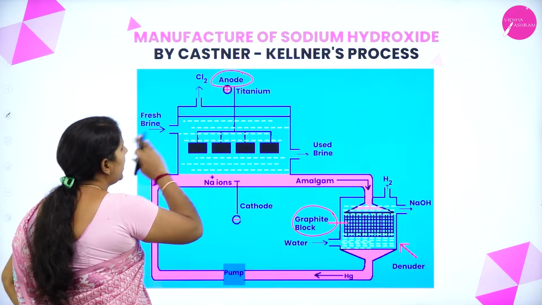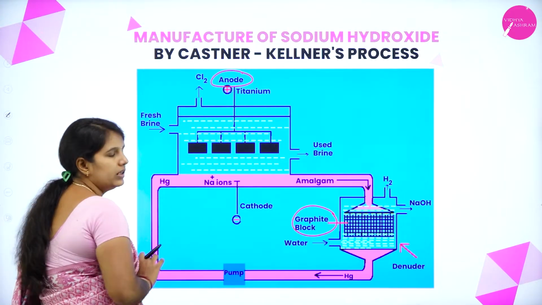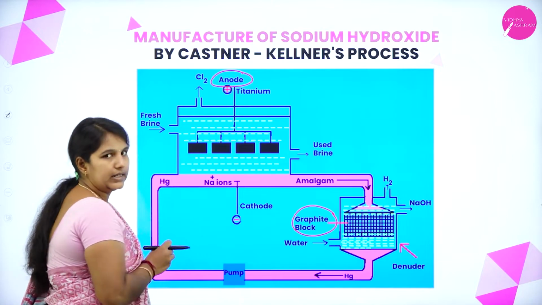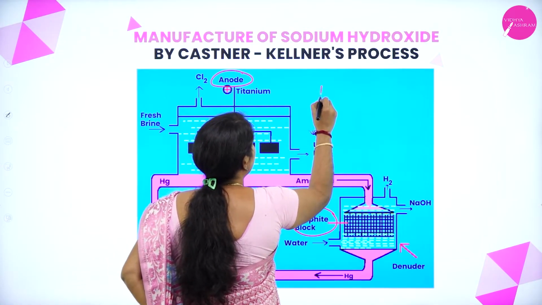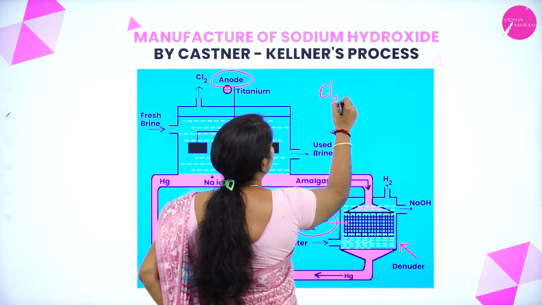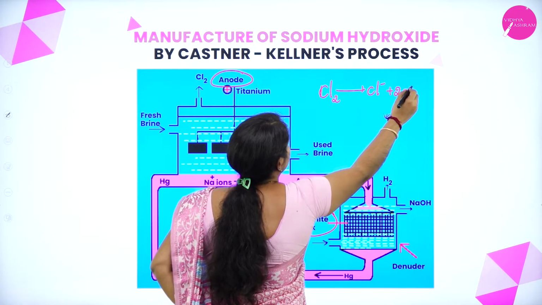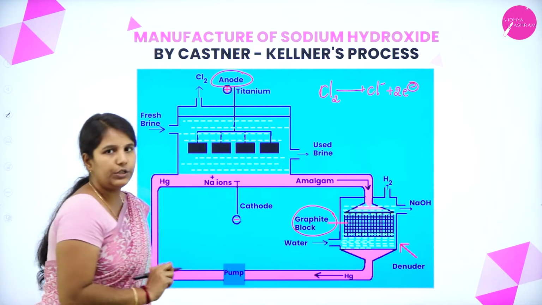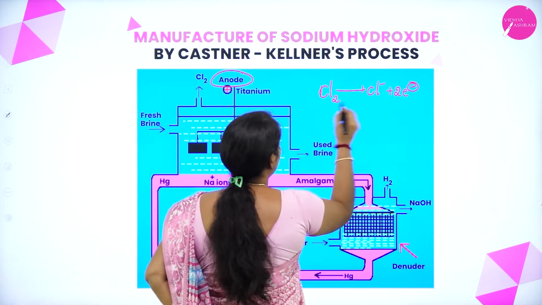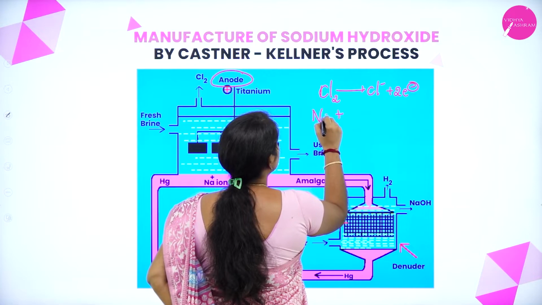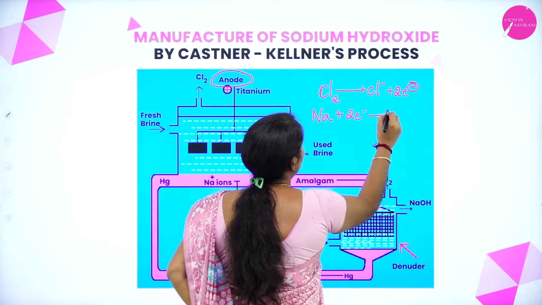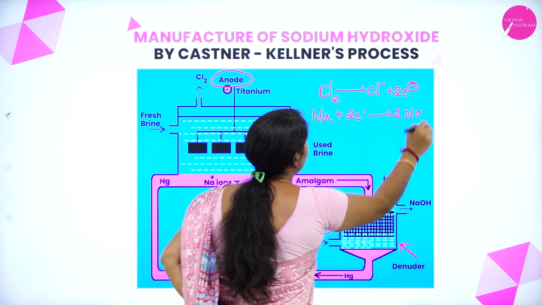When you apply the electrical field to the fresh brine, what will happen? Firstly, chlorine loses 2 electrons and becomes Cl2, and these 2 electrons are accepted by sodium ions to form sodium.